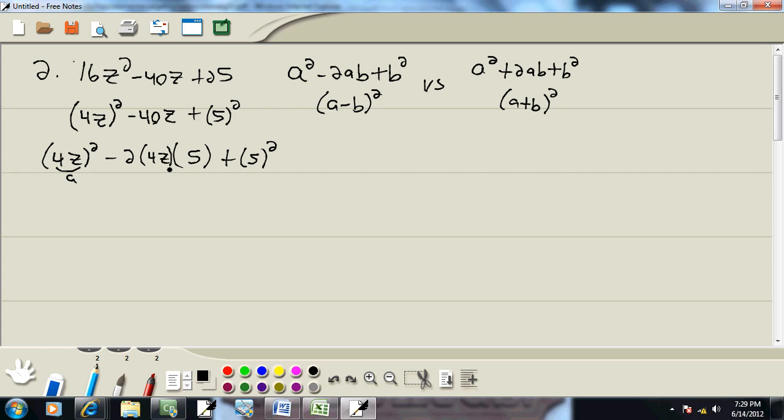Again, that'd be our a, this is a, this is b, and this would be b. Well, 4 times 5 is 20, times 2 is 40, 40z. So it actually checks. So we can factor it as 4z minus 5 squared. That's the a minus b. A and b can represent anything. And that would be our answer.